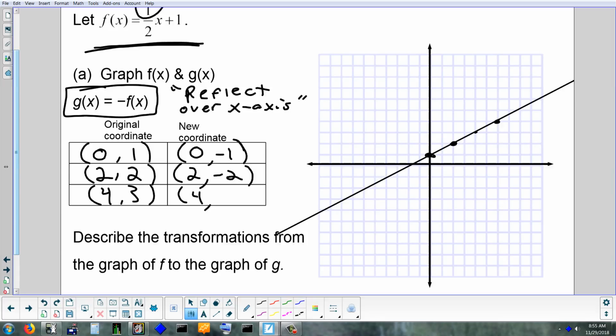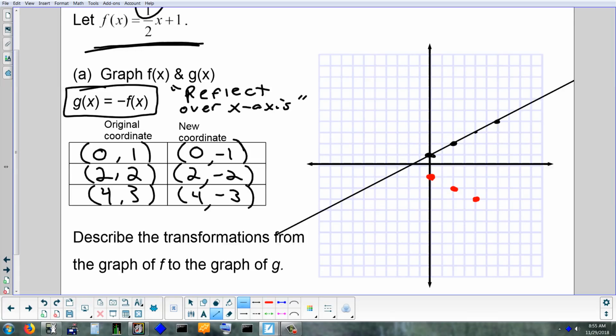What's the opposite of 3? -3. That's it. So graph those new coordinates, and that's going to be a mirror image. All right? So 0, -1. 2, -2. 4, -3.